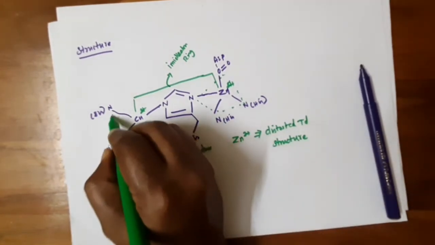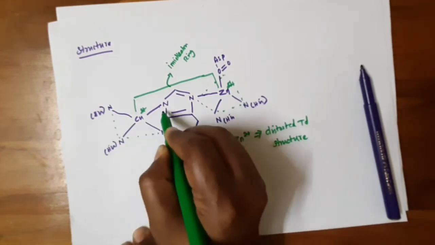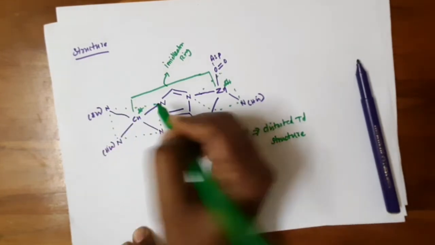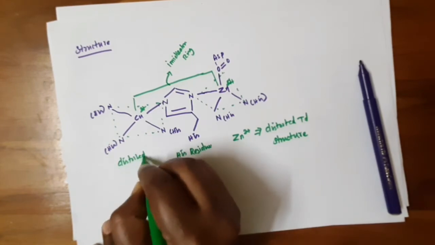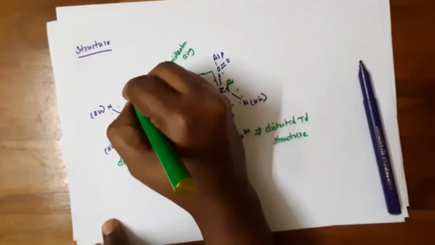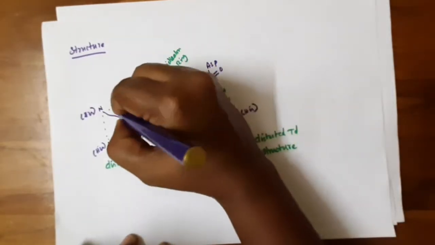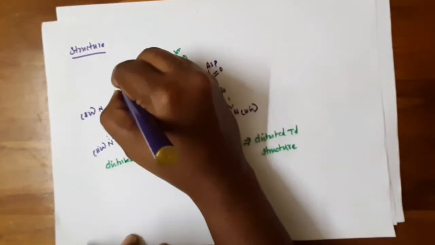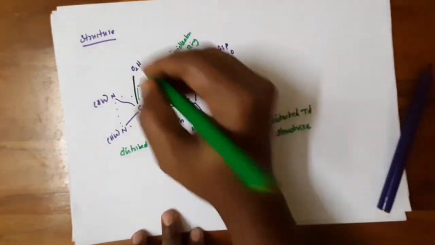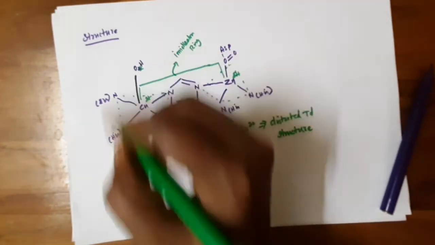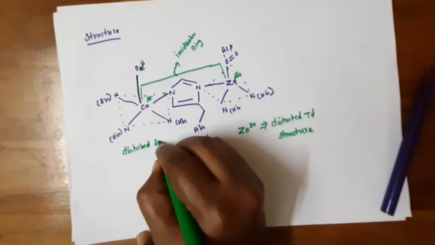And this copper has a distorted square pyramidal structure, where the fourth site is occupied by H2O.